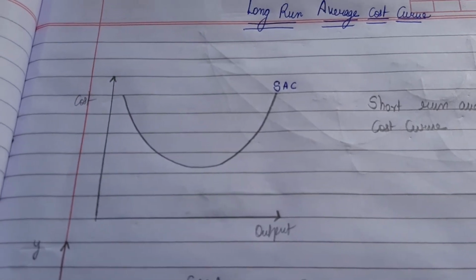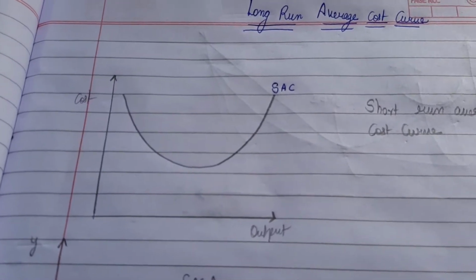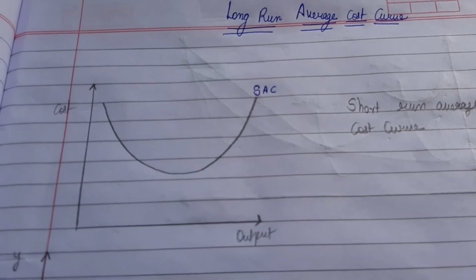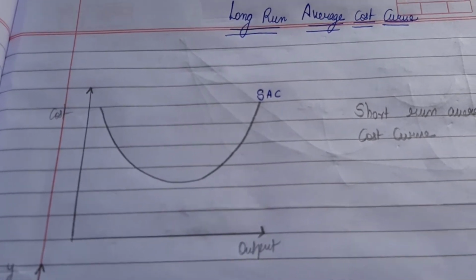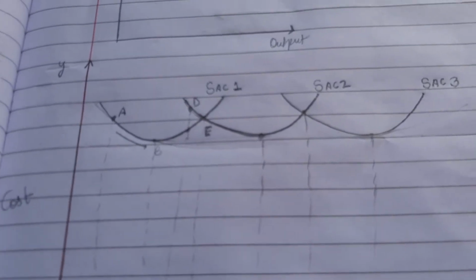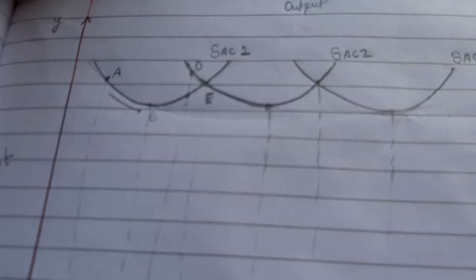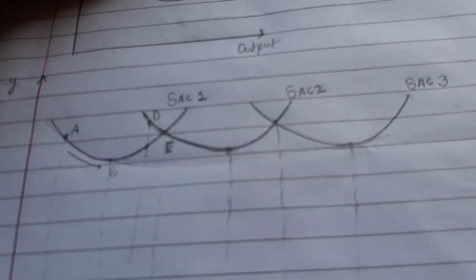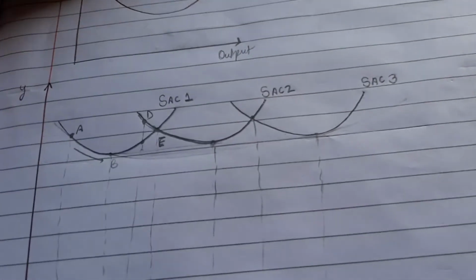Now, when we are dealing with the long run, we are just talking about variable factors. There are no fixed factors under consideration. So let us look at this graph. Here I have taken three short run average cost curves. The three are three plants.